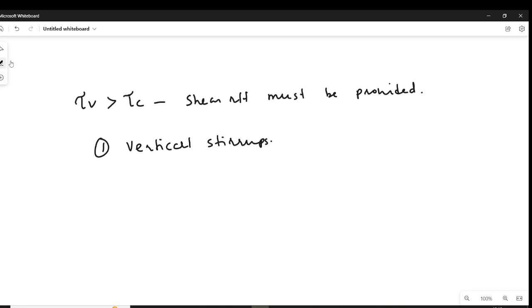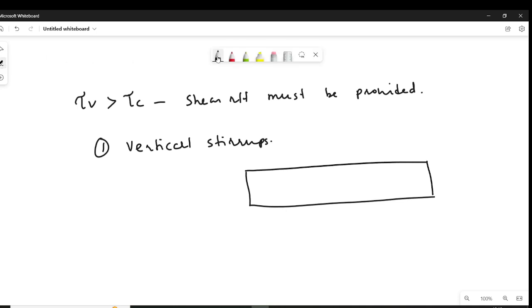If you have a look at the detailing of the beam, or you have seen the longitudinal section of the beam with respect to its detailing, you will understand that we have bars at the top and also bars at the bottom.